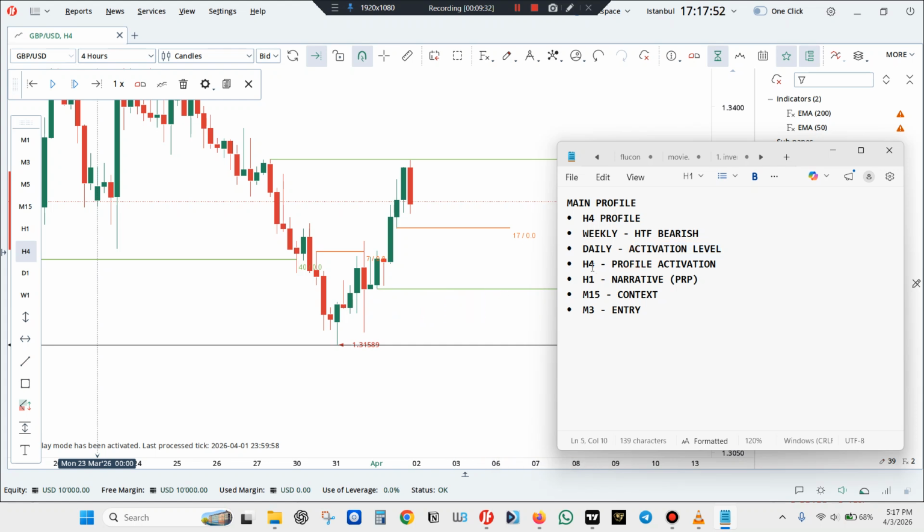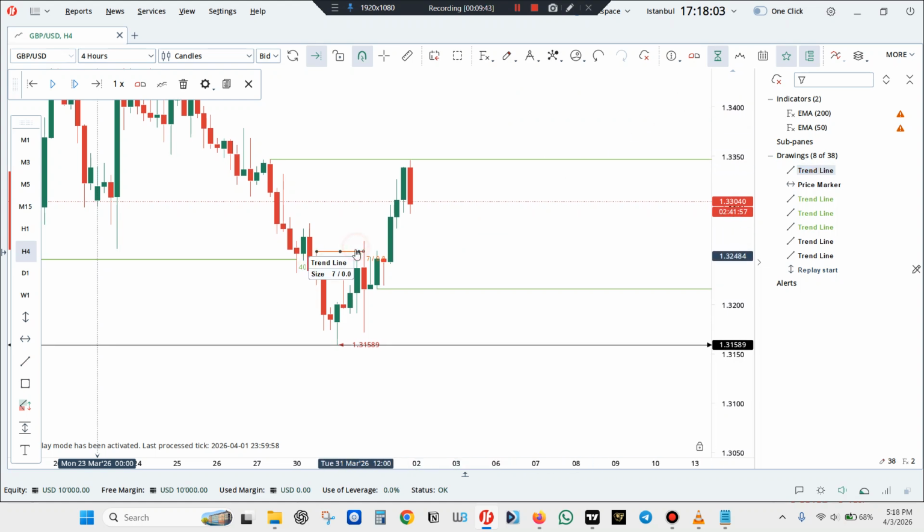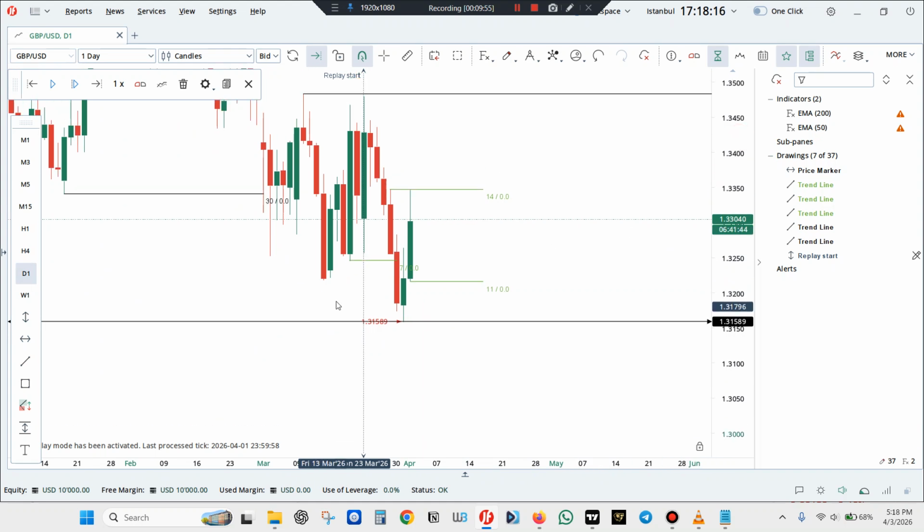We're expecting that for this profile to activate, a 4-hour candle will expand above our daily level. Now let me remove the 4-hour activation level first so that you're able to see the idea behind the 4-hour profile, and why I gave the 1-hour profile the name inverse. So we've marked the daily activation level on the 4-hour profile like that.